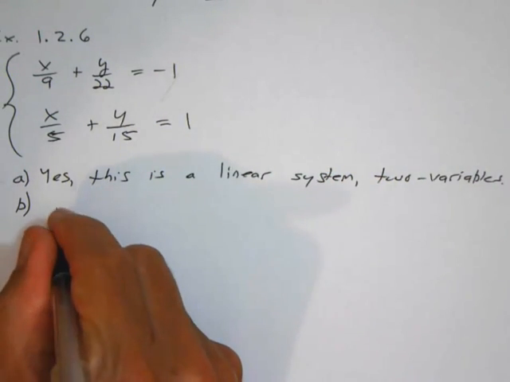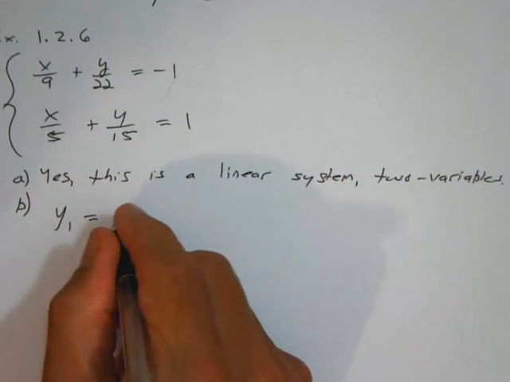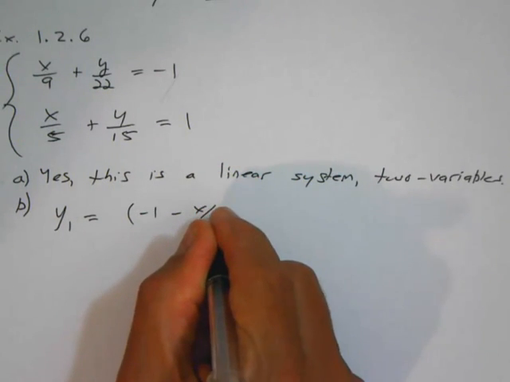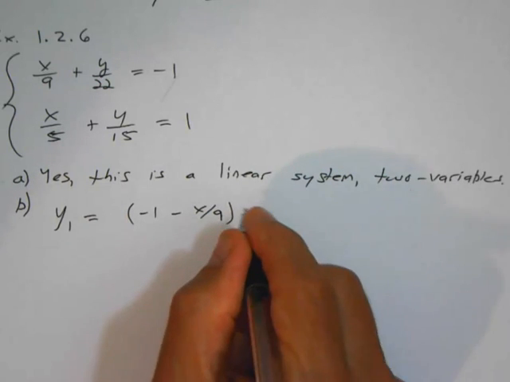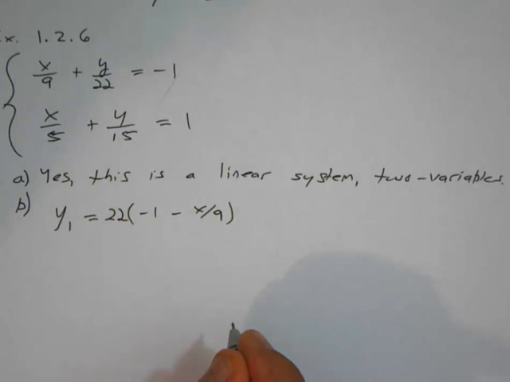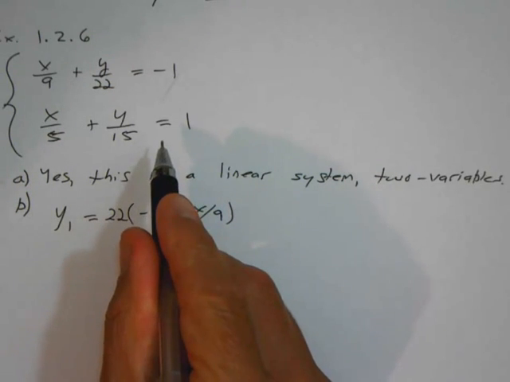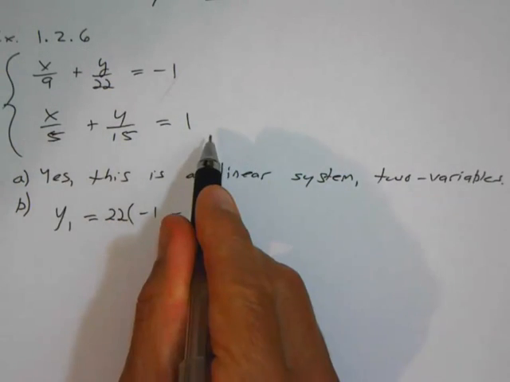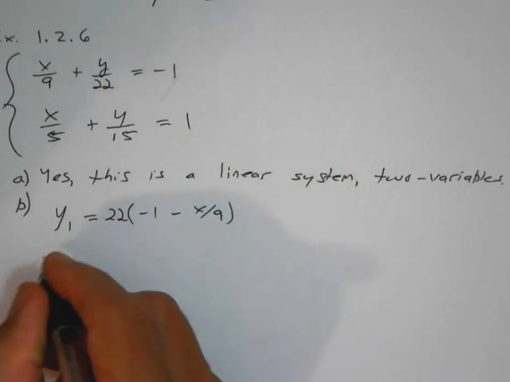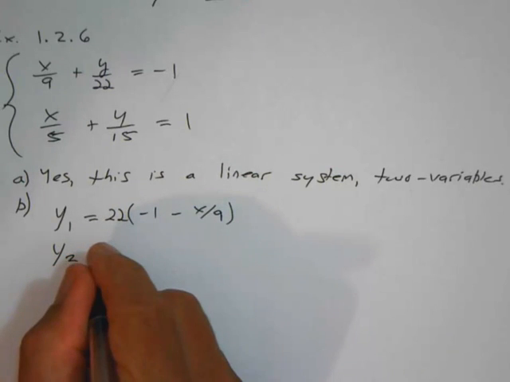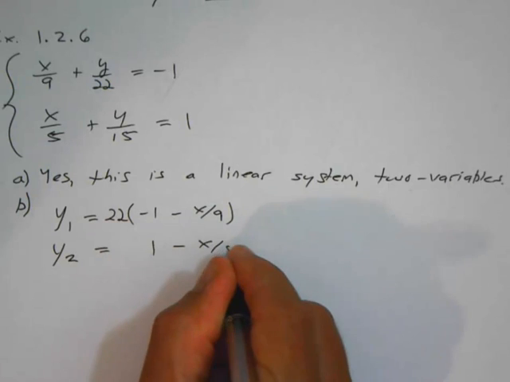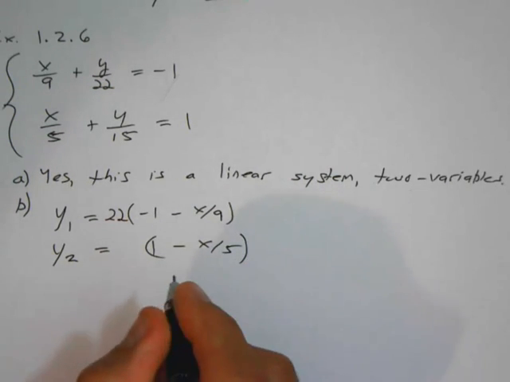We would have y1 equal to negative 1 minus x over 9 times 22, like so. In the second equation's case, to solve for y here, we could subtract x over 5 from both sides and then multiply both sides by 15. We would have y2 equal to 1 minus x over 5 times 15.